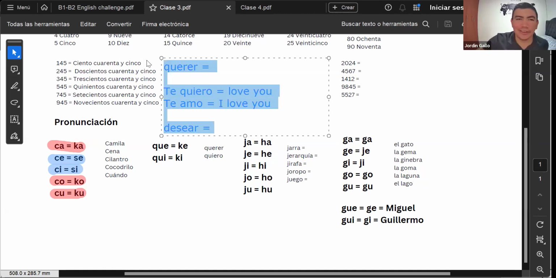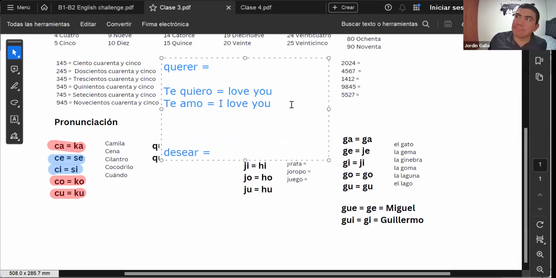Okay, you're very welcome. So remember, querer is something you want for a moment. Actually, our women in Colombia have a strong character. And when you say to them, "te quiero," they are going to say, "For what?"